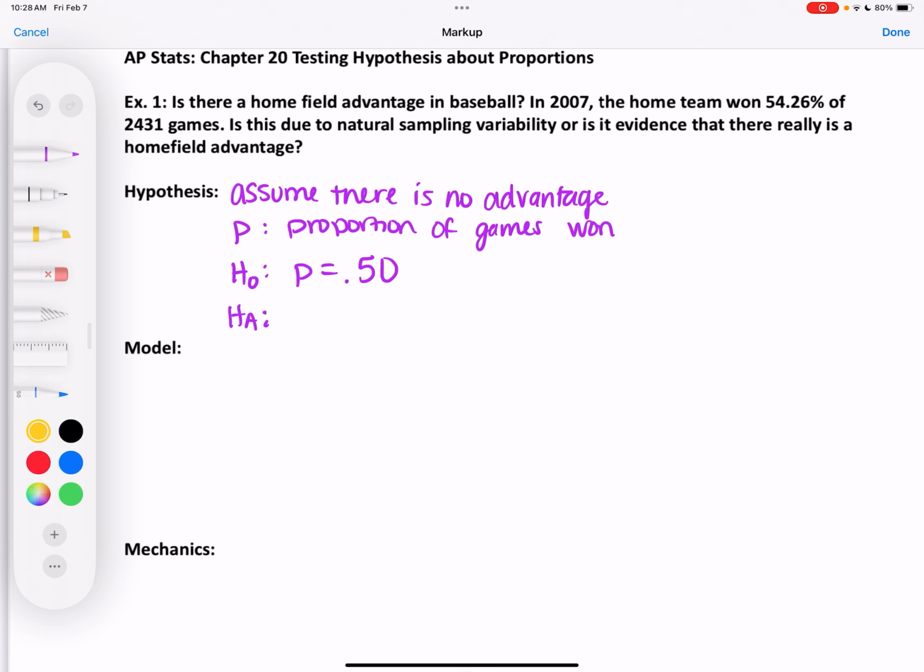So the key thing I'm looking at is home field advantage, which gives me the clue that I'm using greater than. So it's going to be P is greater than 0.50, which just means that the home team wins more often. Wins more than loses.